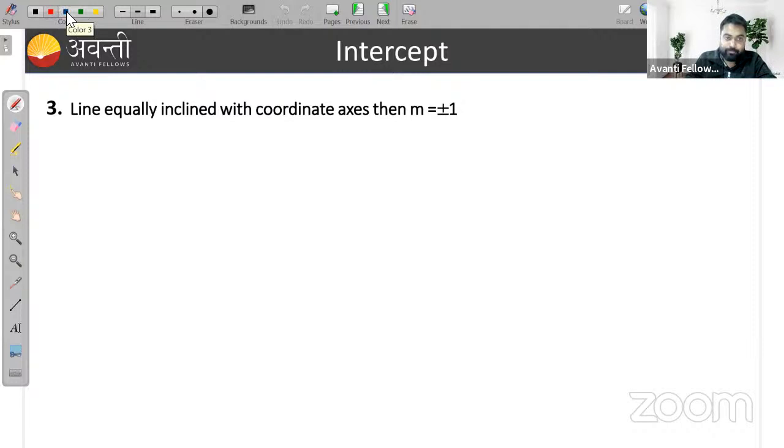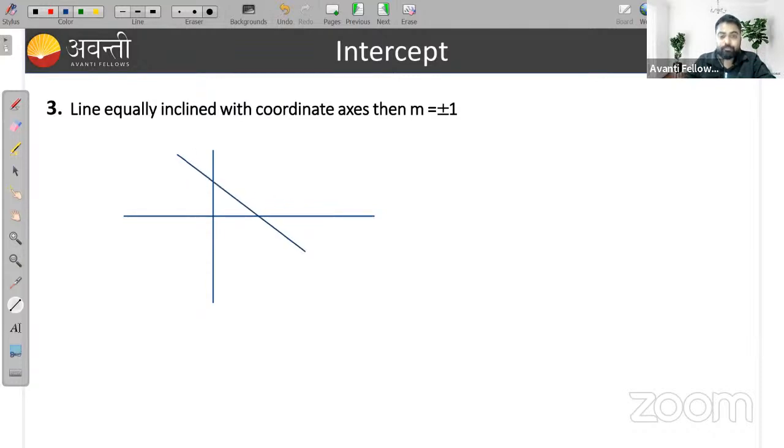Then the slope will be plus or minus 1. Suppose I am taking this case, and suppose these two angles are same. Then the slope of this line will be minus 1.